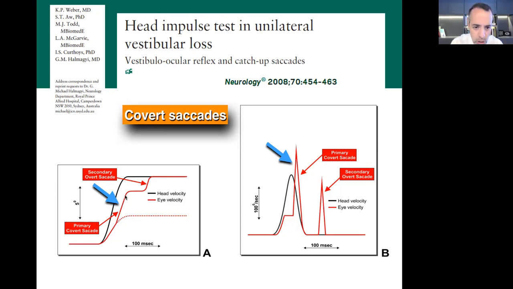So you trigger a saccade while your head is moving, then your head stops and you have another saccade. This saccade that happens while you are moving your head is what we call a covert saccade. And our naked eye cannot see that. So that's the reason we need the video head impulse system to see the saccades, right?